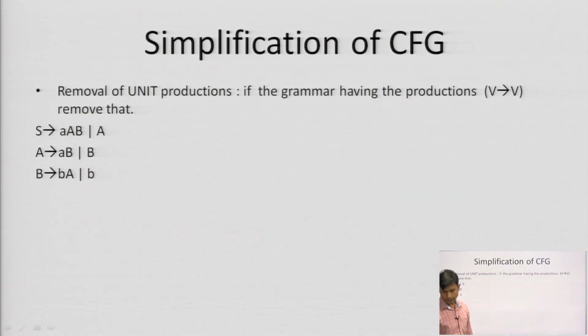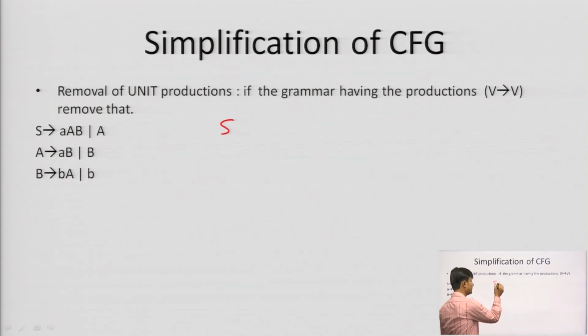Then after that we have the removal of the unit production. What are the unit productions? If a production is there from variable to variable, then this is a unit production. Unit productions we are taking unnecessarily.